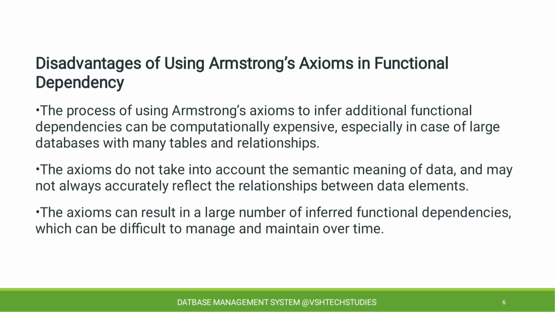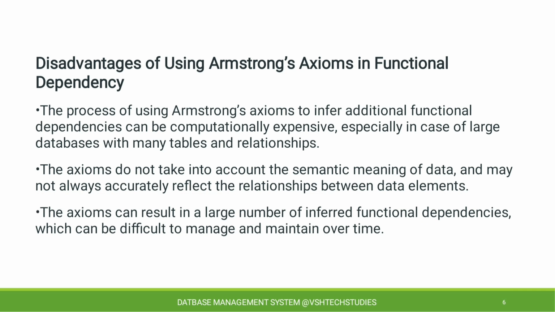The axioms do not take into account the semantic meaning of the data, and they may not always accurately reflect the relationships between the data elements. The axioms might give a large number of functional dependencies, which can be difficult to manage and maintain over time. So these are some of the disadvantages of Armstrong's axioms for functional dependencies in DBMS.